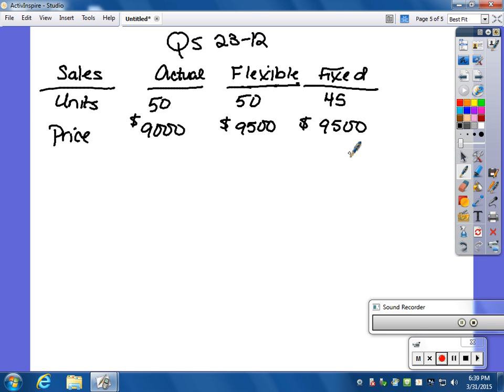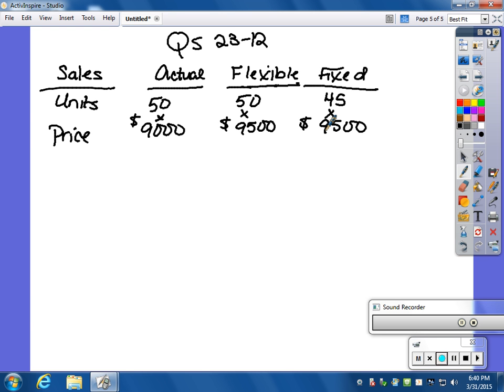Can I ask you a question? Yes, ma'am. How do you know 50 is for actual and 50 is for flexible? Are you looking on the same page they're looking on? It said the dealership sold 50 trucks. And it said the budget for the first 6 months was to sell 45 trucks.